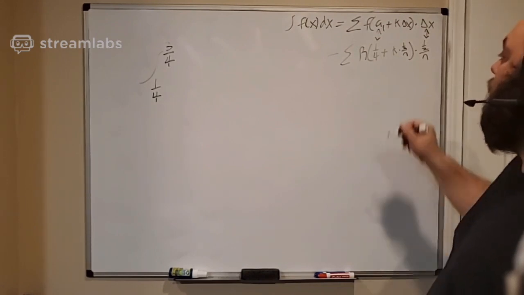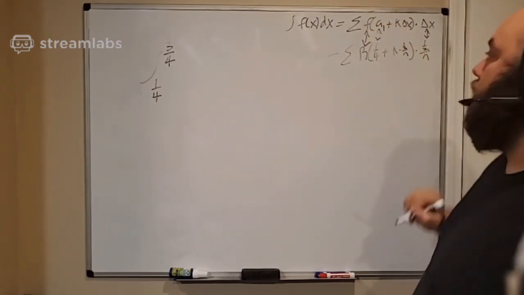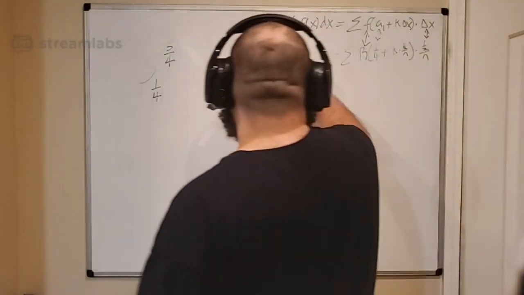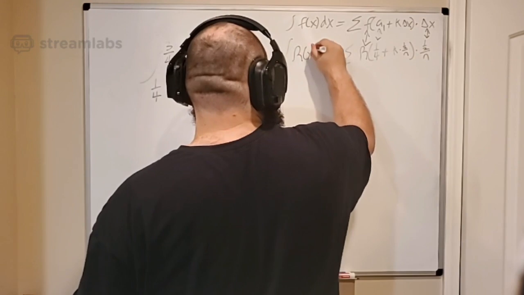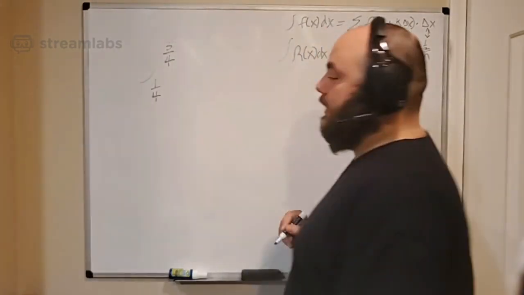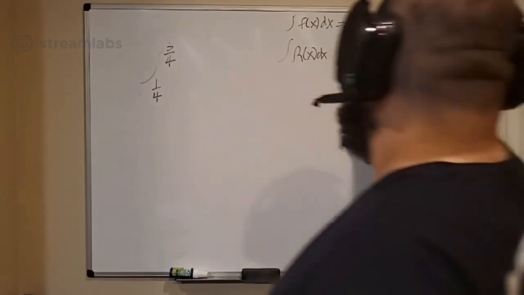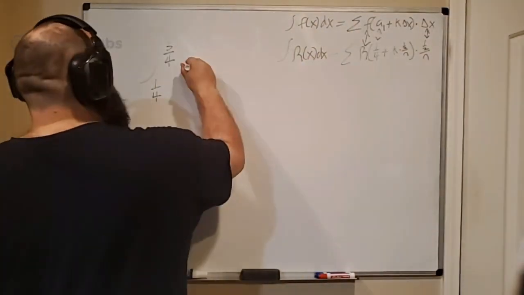Now we have to match up those two things. So going backwards, that will be the integral of r of x dx. You can call it r of t dt. That part doesn't really matter. But we have to realize that it is just the integral of this r function that we have sitting out in front. So r of x dx.